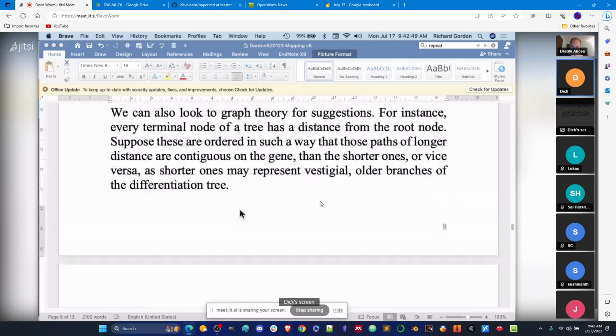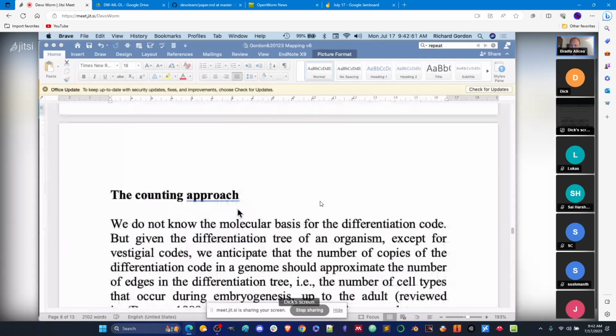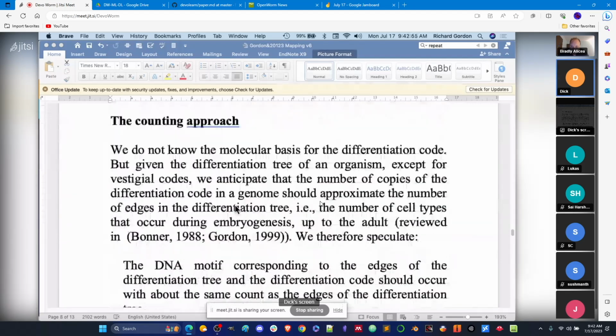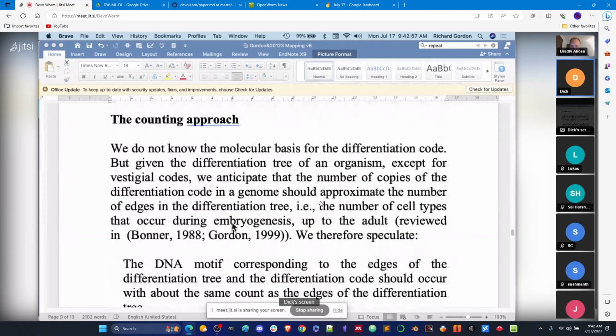What's the counting approach? The counting approach is, I did look that up. The counting approach is to assume that the differentiation code is similar between different cell types, and you're looking for a pattern in the DNA that indicates the differentiation code.